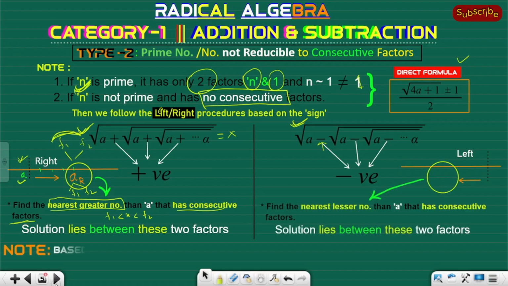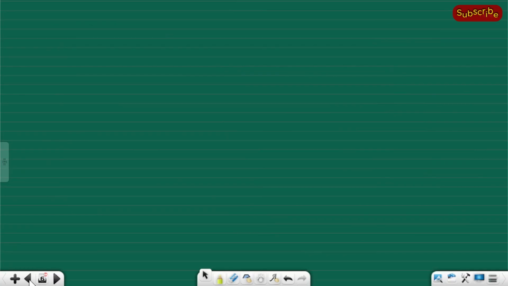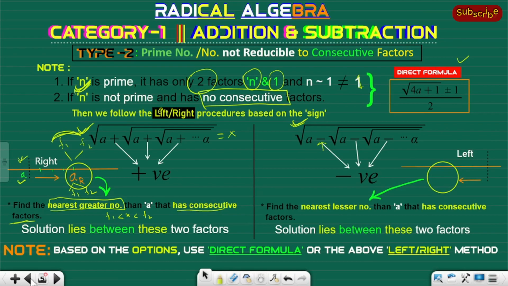Suppose here it is A, and suppose here we have AL towards the left side, A minus 1, A minus 2, A minus 3. Here we find AL. It must have two factors F1 and F2 such that the difference of F1 and F2 is 1. So the answer will lie between F1 and F2.